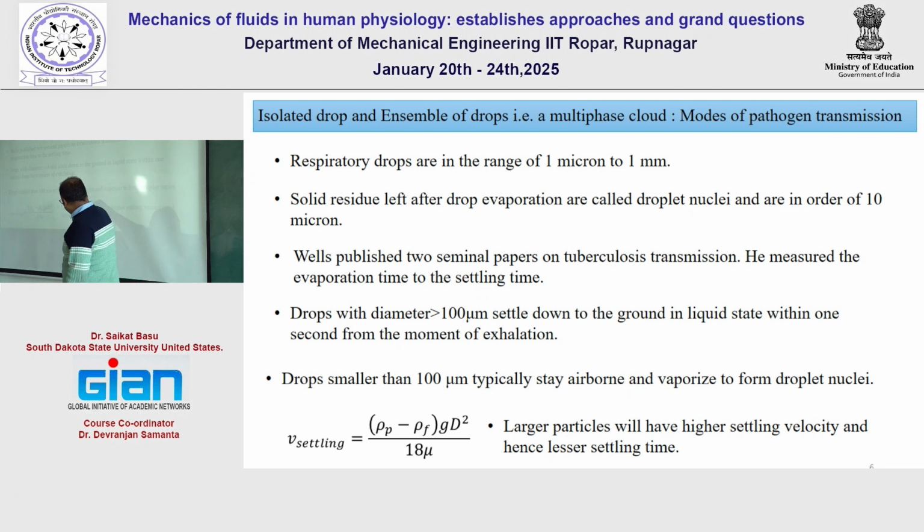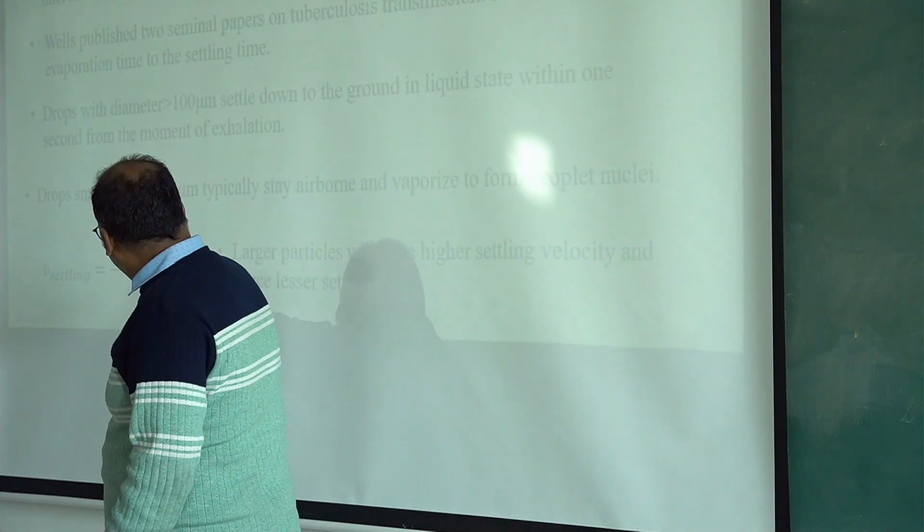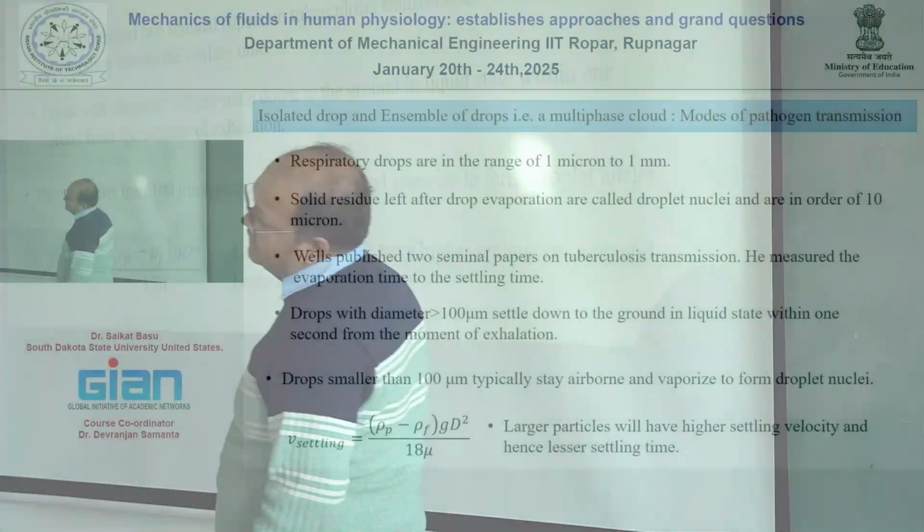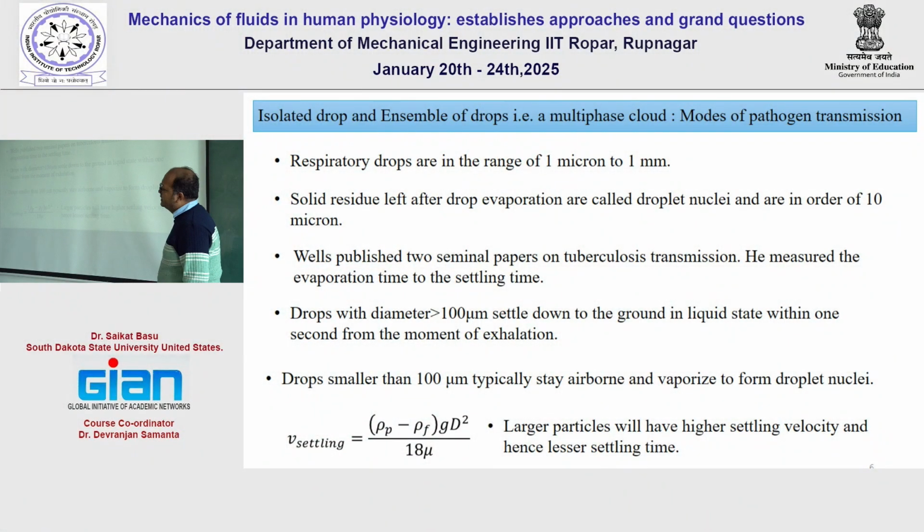The larger the particle diameter, where d_p squared is basically the droplet diameter, the higher the settling velocity, and it will quickly settle down to the ground. And drops smaller than 100 micron typically stay airborne and try to evaporate.